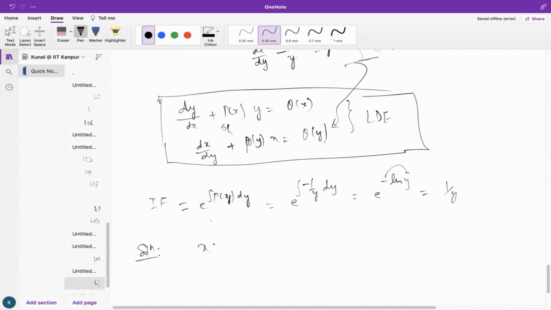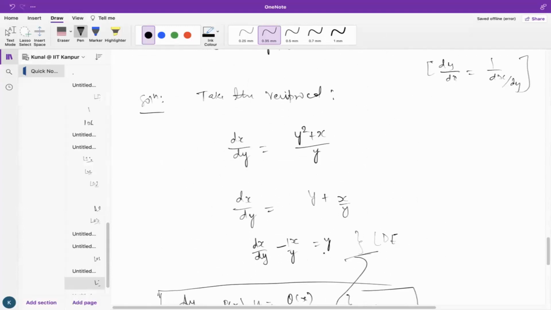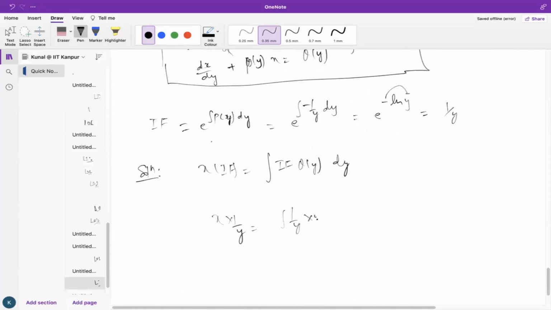Our solution is nothing but x into integrating factor is equal to integrating factor into Q(y) dy. So x into 1 by y, the integrating factor is 1 by y, and our Q(y) is y. That's the easy calculation we get, right?